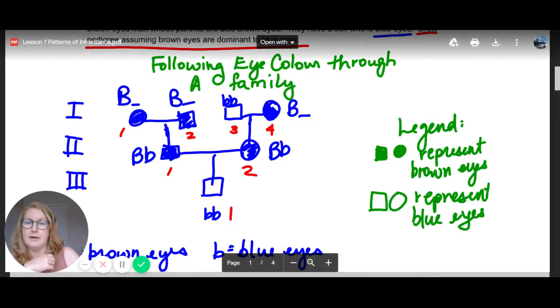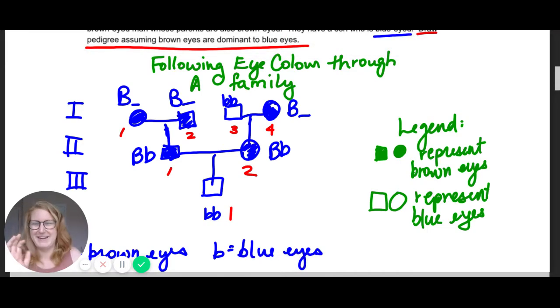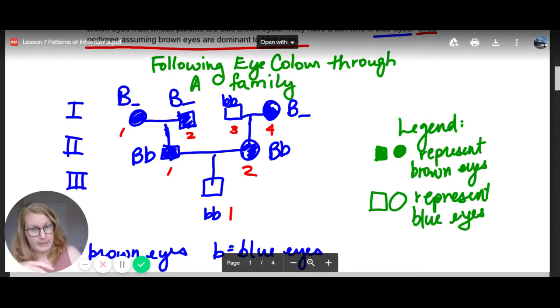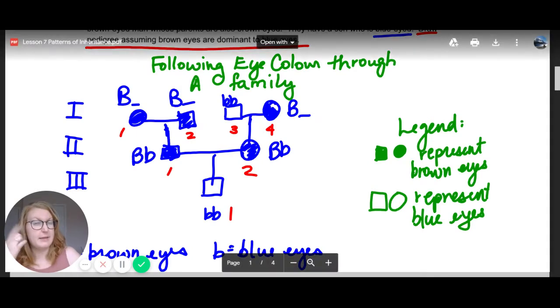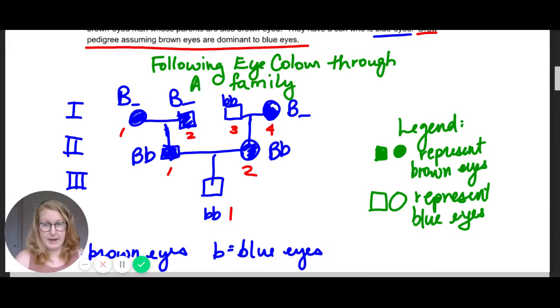I've written that in just above or below, depending where I had space.